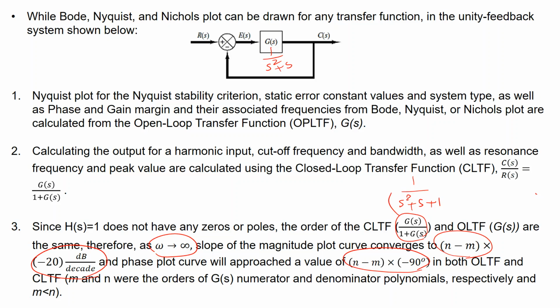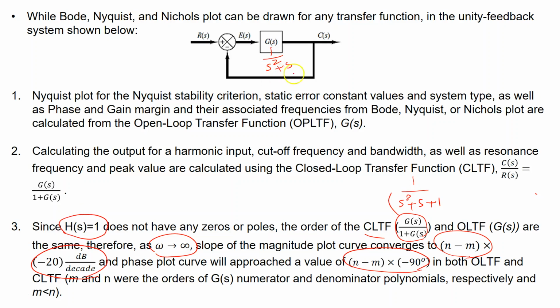So which of the Bode plots can I use? The one for the closed loop or the one for the open loop? And the answer is, it doesn't matter. Only for this specific case that I mentioned, for this one it does not matter, and the only reason is H does not play any role. H is 1.